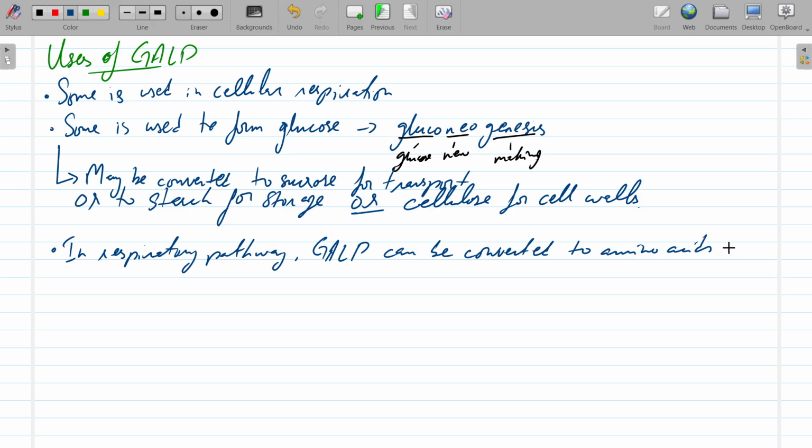Amino acids have nitrogen, so plants get their nitrogen from the soil, in the form of nitrates, for the amino acids.